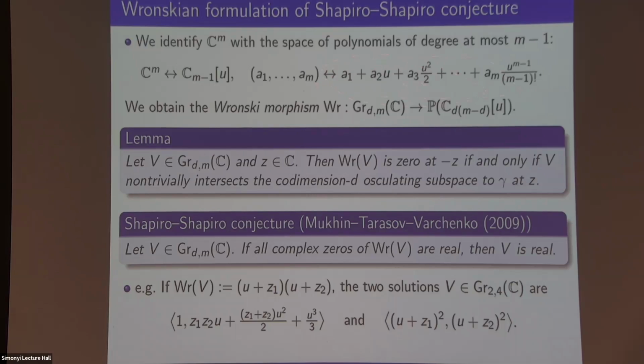It turns out there are various formulas involving the Wronski map and also the Grassmannian duality that make this the correct choice. For example, maybe one thing I can quickly explain is how we get this solution. We want to take this polynomial in GR13 and embed it in GR24.